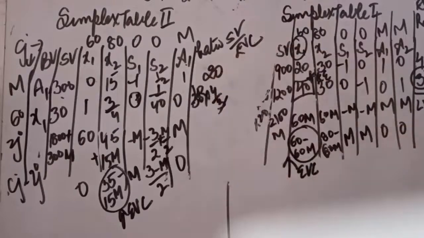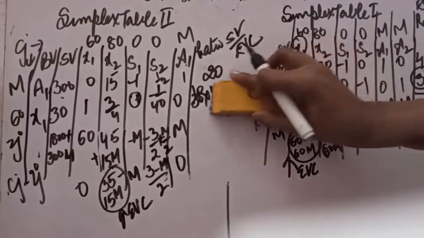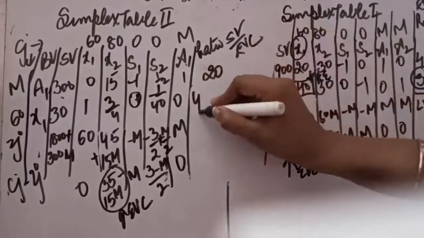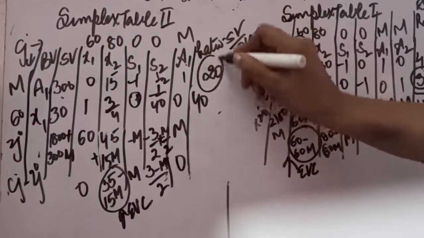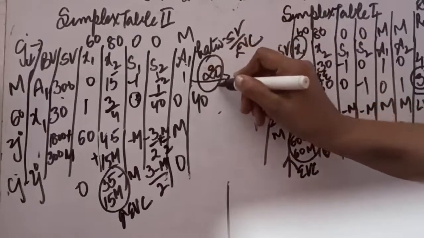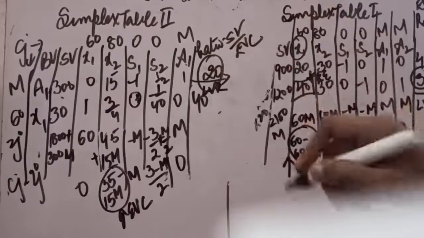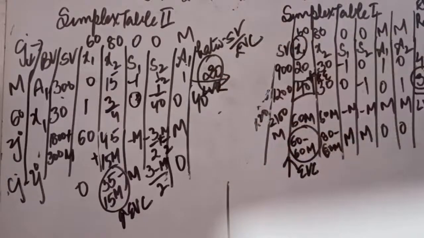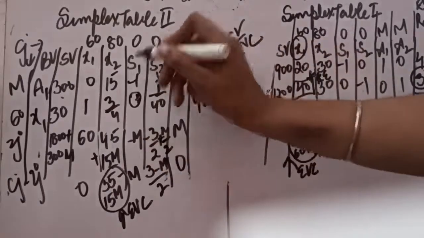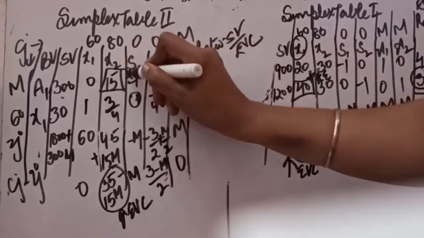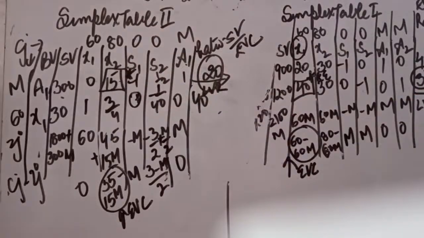Solving this, it will come out to be 40. Minimum is 20. So this will become your leaving variable row. Once you select the EVC and the leaving variable row, the corresponding intersectional point, that is 15, will become our key element. Now after choosing the key element, we will move on to simplex table number 3.